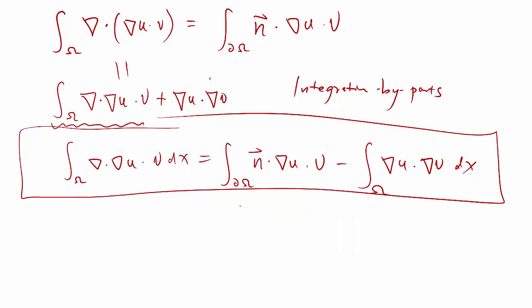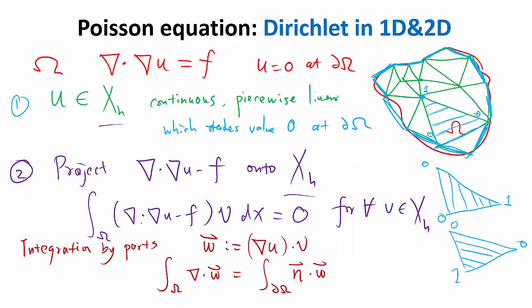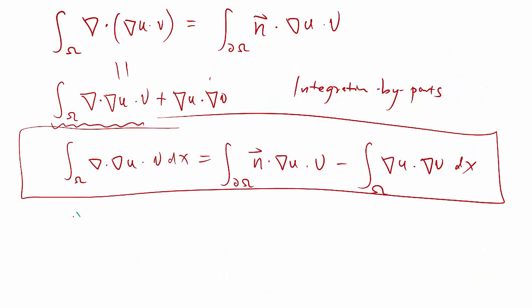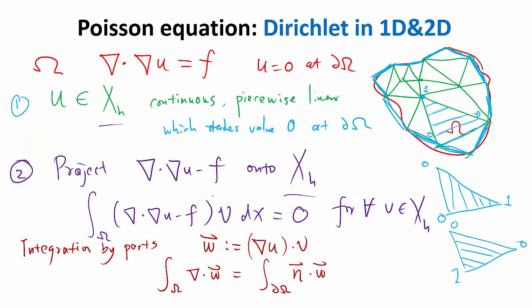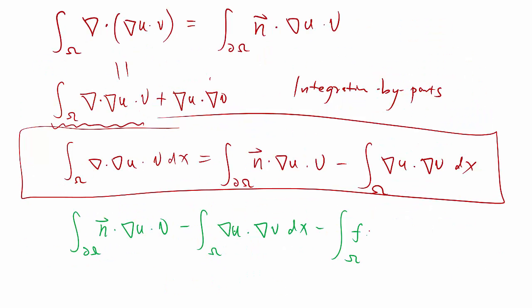Okay, now that means the Poisson's equation can be written as this thing, and minus this thing, and minus the integration of f times v equal to 0.